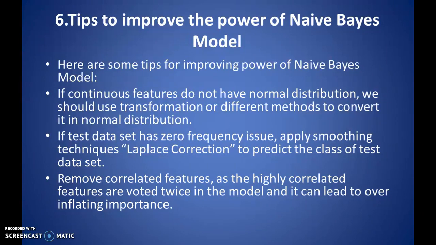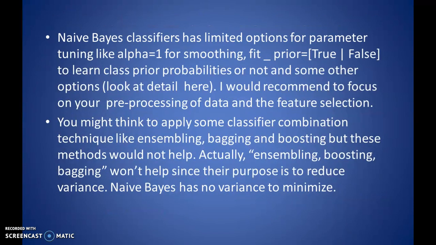Remove correlated features, as highly correlated features are voted twice in the model and it can lead to over-inflating importance. Then, the naive-Bayes classifier has limited options for parameter tuning, like alpha equals 1 for smoothing and fit_prior equals true, to learn class prior probabilities or not, and some other options that we'll look into in detail.